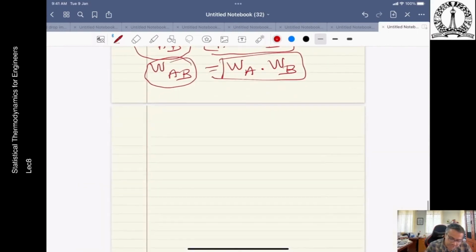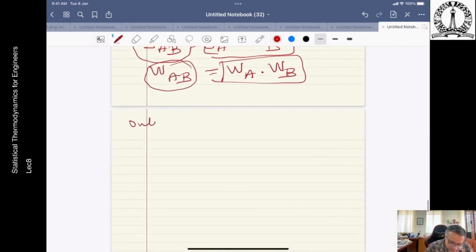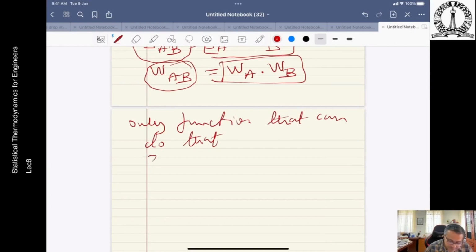The only function that can do that is S equals K ln W, because logarithm is the only operator which can turn multiplicative into additive. So SA plus SB is equal to K ln WA plus K ln WB. Since they are within the logarithmic sign, they can be multiplicative. This K, the constant, is called the Boltzmann constant.